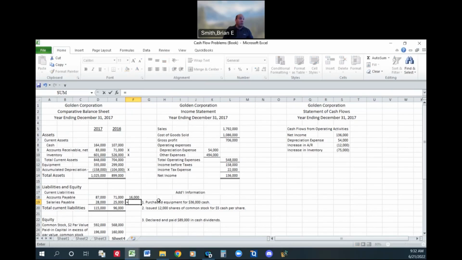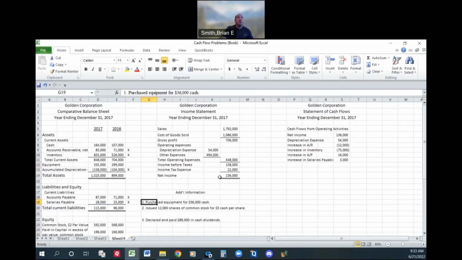Let's also do salaries payable. It looks like it also increased. So we're going to increase net income based on those. Increase in accounts payable, 16,000. Increase in salaries payable, 3,000. So that concludes our current assets and liabilities.